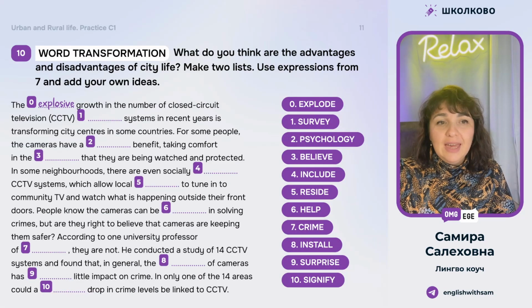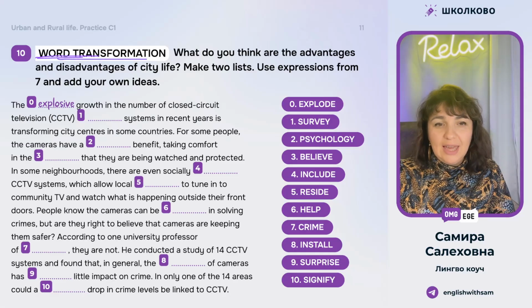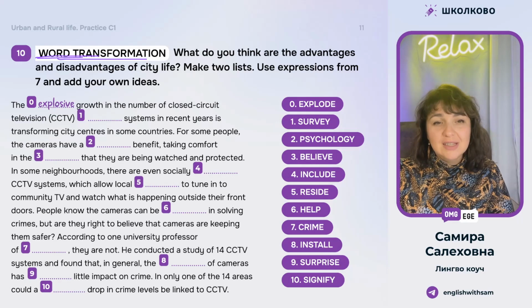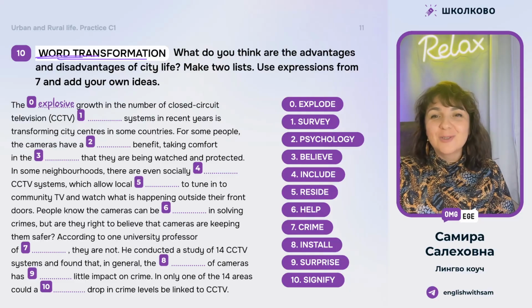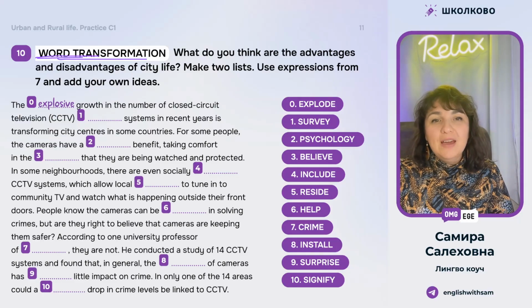Yay. And we have the last exercise here. It is word transformation again. This time is going to be harder than the previous exercise of word formation, but I'm sure that we are going to nail it.